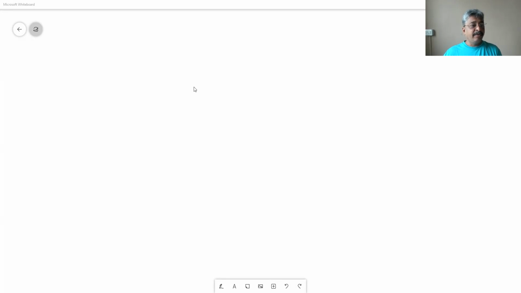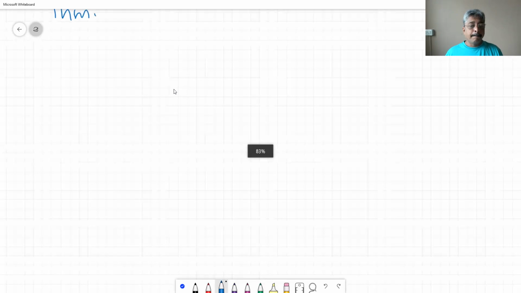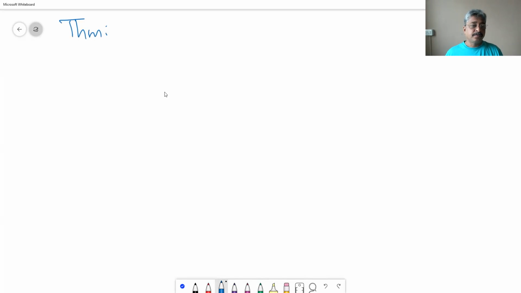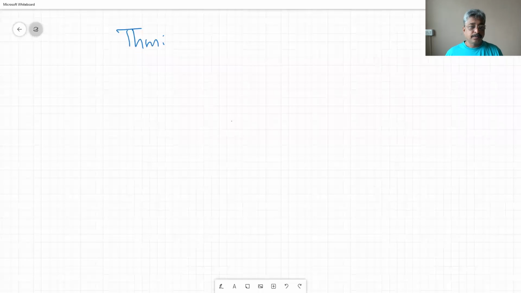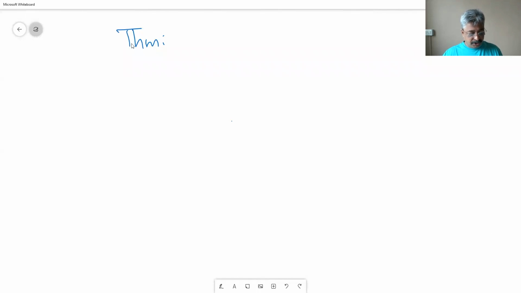So for the next level of functions, the commonly used functions, we should check the limit values. So, theorem: basic trigonometric functions are continuous in their domain.